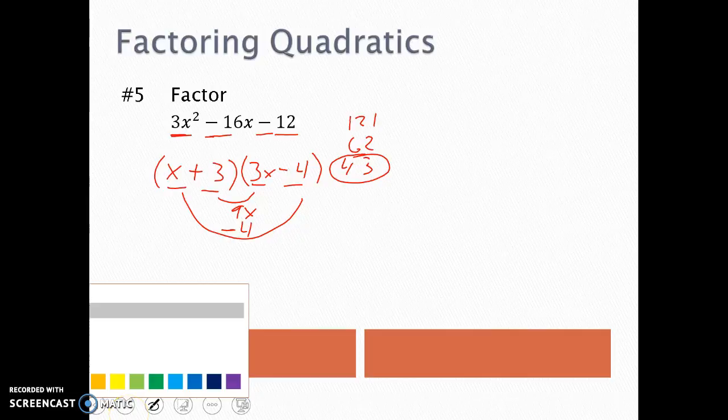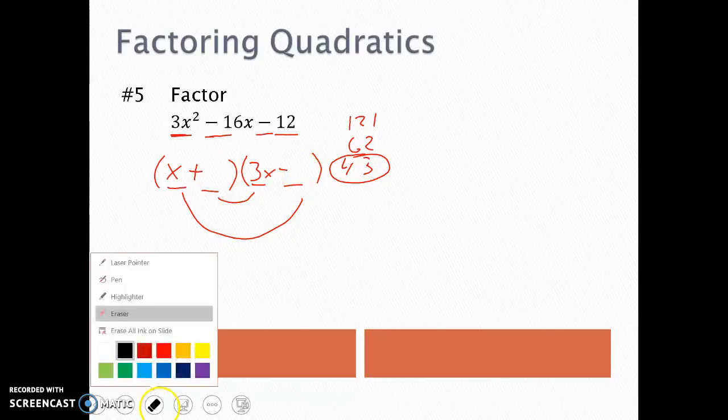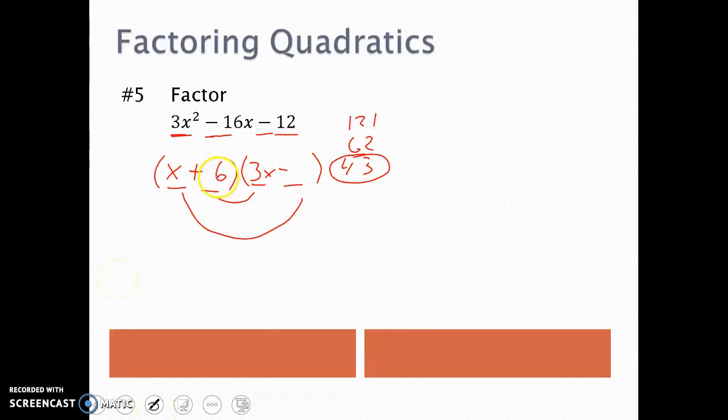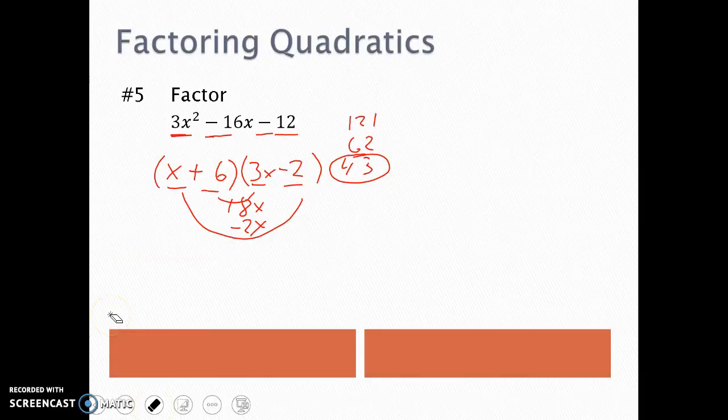So what I'm going to try then is, instead of 3 and 4, maybe I will try 6 and 2. And so I'm going to put the 6 here and the 2 here. 6 times 3x is 18x. X times negative 2 is negative 2x. And that gives me close. It's a positive 16x. So then what I can do is I'm just going to change my signs around.